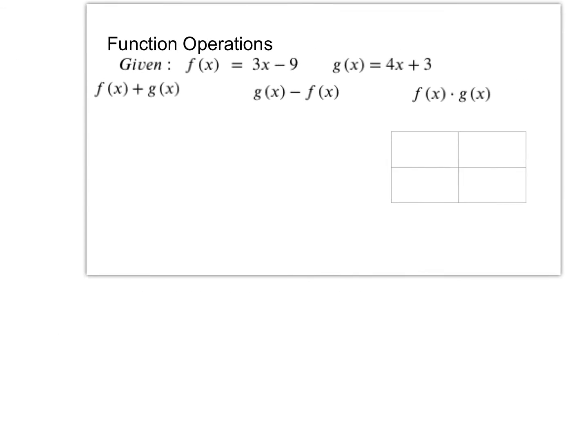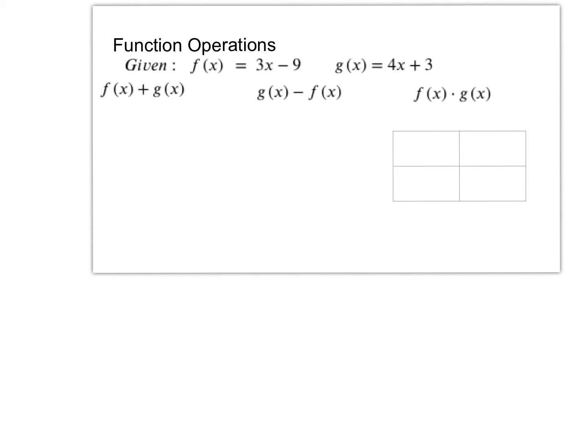All right, now we're going to do function operations. So I give you the functions. f of x is equal to 3x minus 9. g of x is equal to 4x plus 3. I ask you first to add them. So function notation, we are told f of x plus g of x. So start by replacing the functions. So you're going to do 3x minus 9. That's my f of x function.